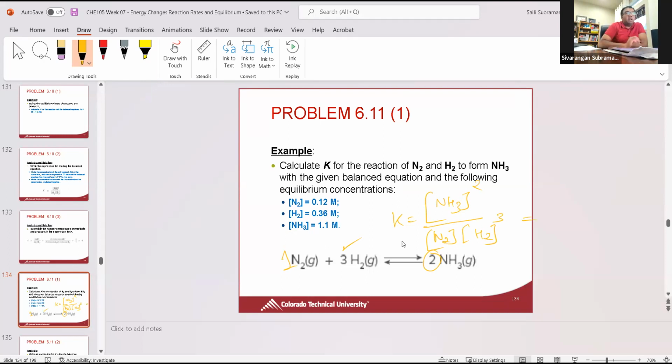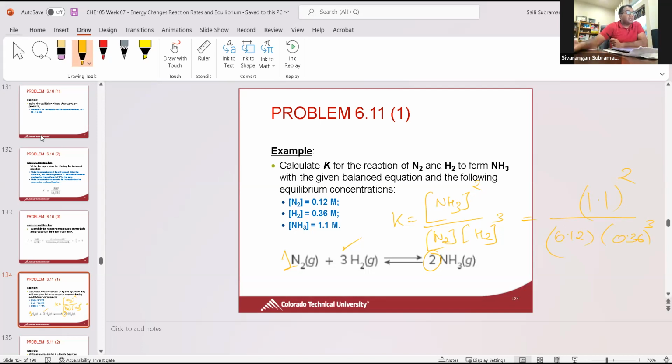Now for ammonia, the concentration is given to be... nope, I was wrong there. Concentration of ammonia is given to be 1.1 squared. Concentration of nitrogen is 0.12. Concentration of hydrogen is 0.36, but hydrogen to the power 3.